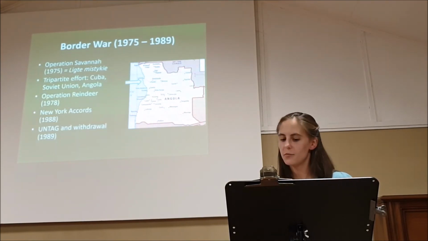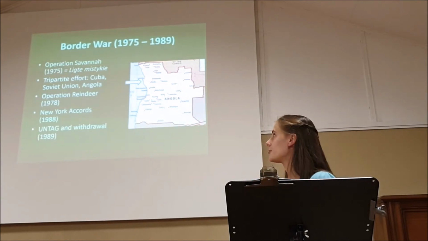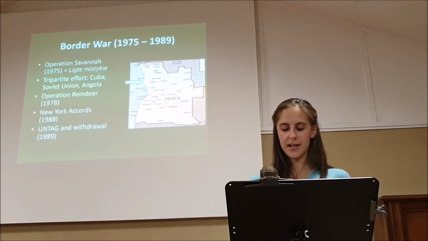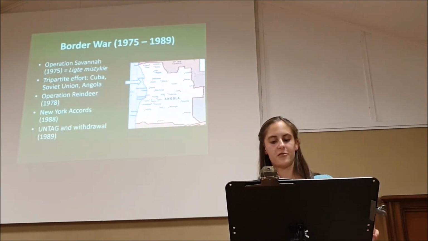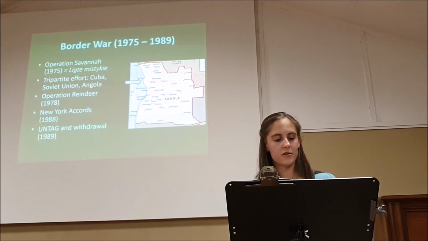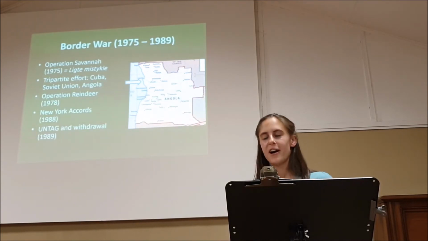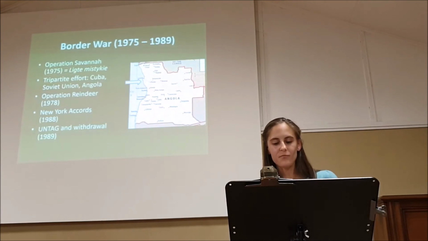So as an example of what the war looked like, I chose Operation Reindeer, which occurred in 1978. If you ever ask me about what got me into South African history, you have heard the name Cassinga. So let me tell you about the attack on Cassinga.